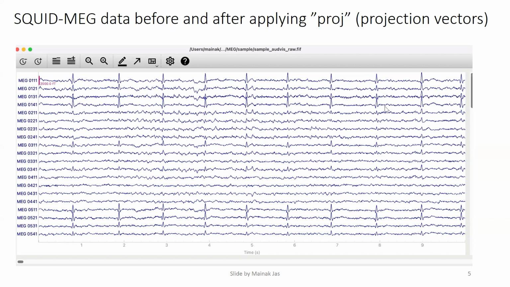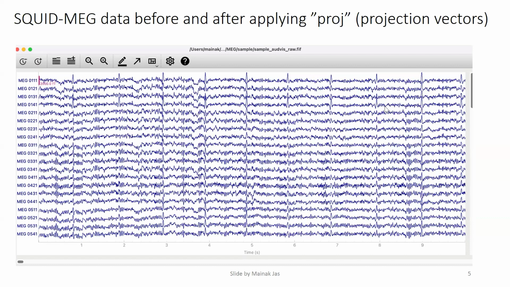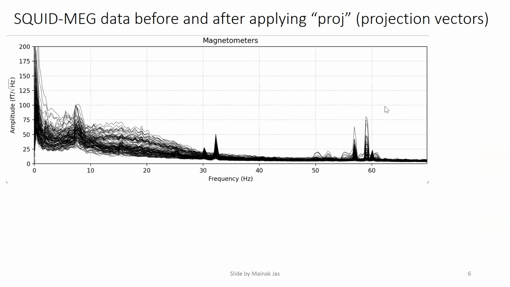But then if you actually turn off the projection operators, which are used when you visualize the data, you realize that the MEG data is clean, but it's not that clean. There is definitely some noise in the data which is not obvious, because the software does it under the hood for you.